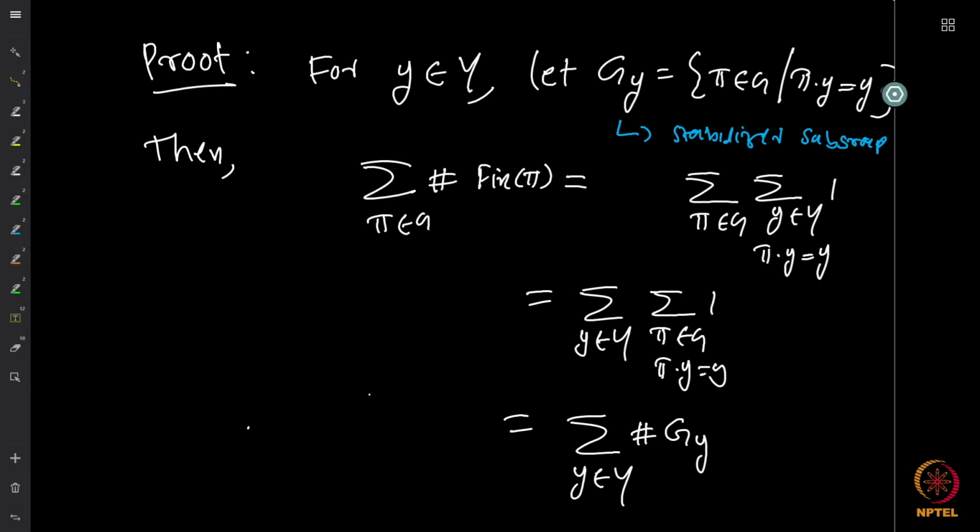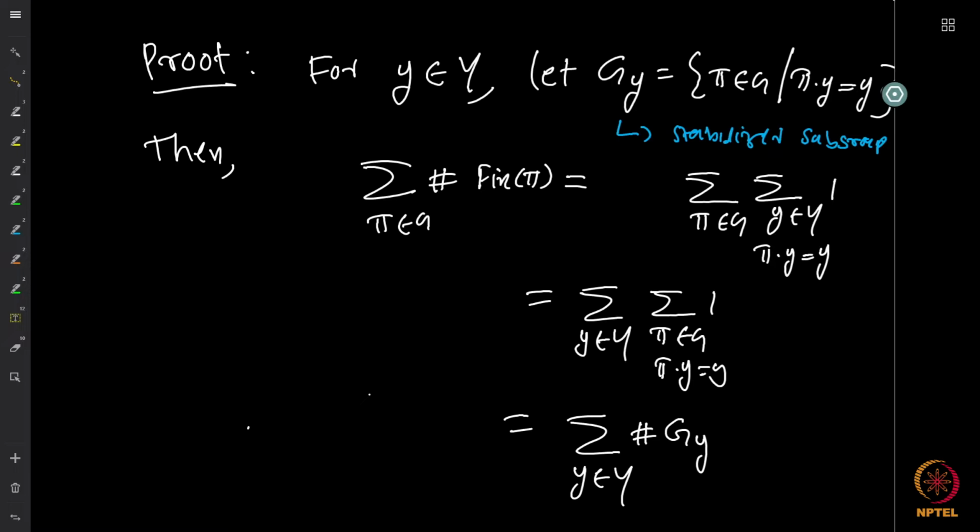So we count the elements in Y such that pi dot y is equal to y, right? That is precisely the cardinality of fix pi, right? So the elements which are fixed by pi, that cardinality can be obtained by summation y belongs to Y, where pi is fixing y, 1, right?